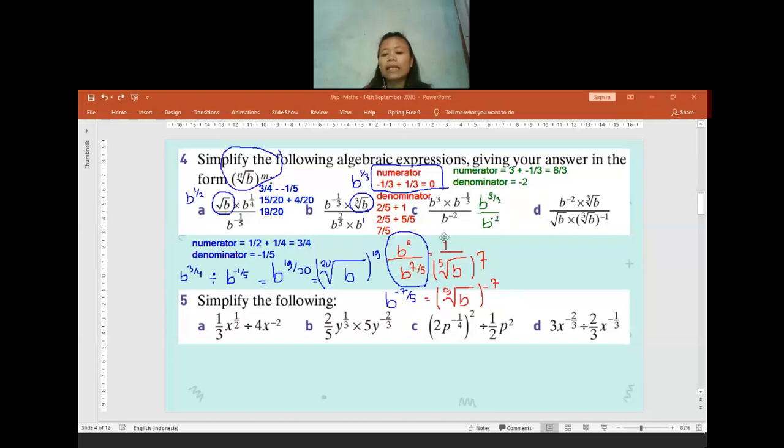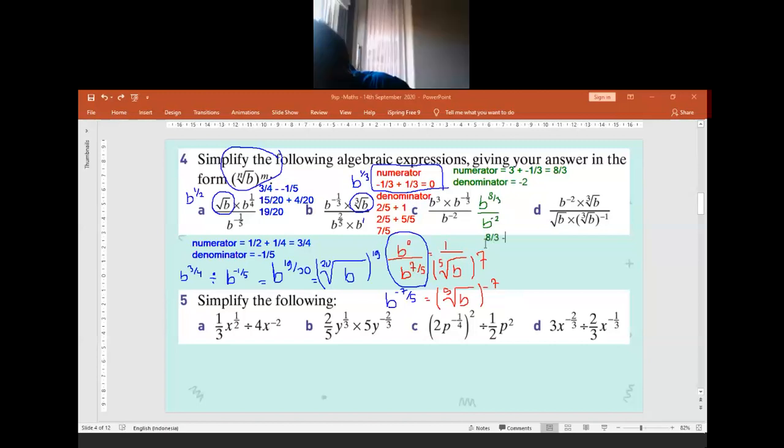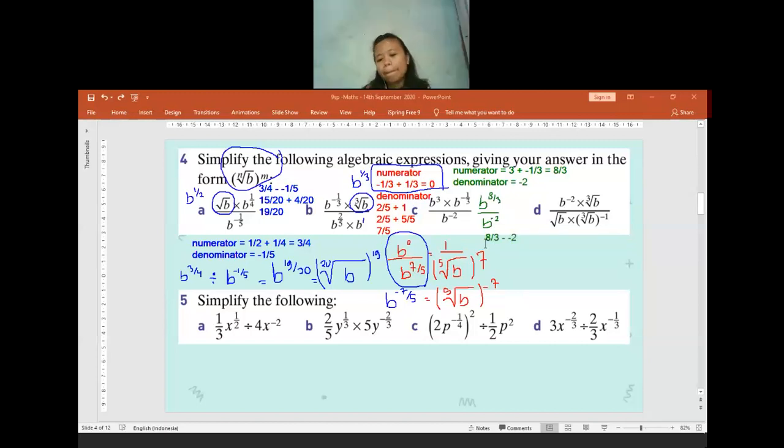We have 8 per 3 minus negative 2. So it will be equals to how many? I think it's 14 per 3. Yeah, 14 per 3. Thank you.